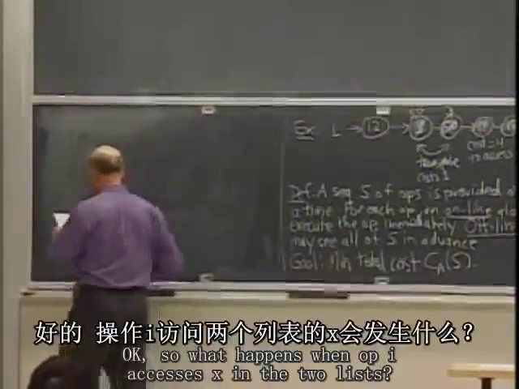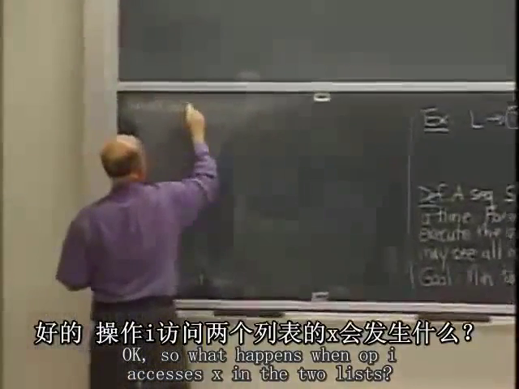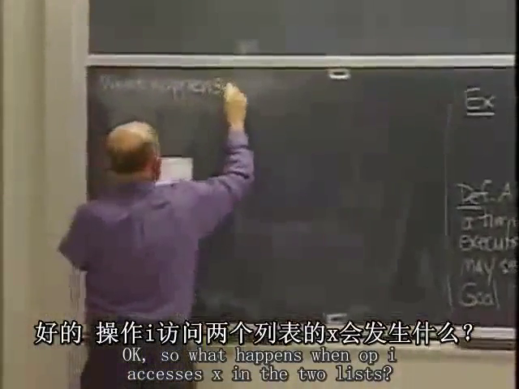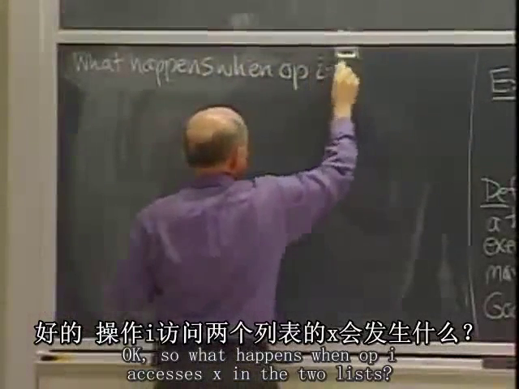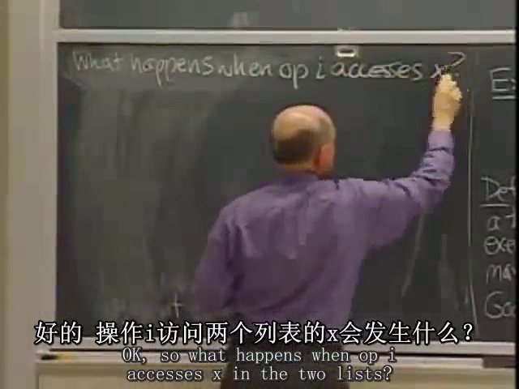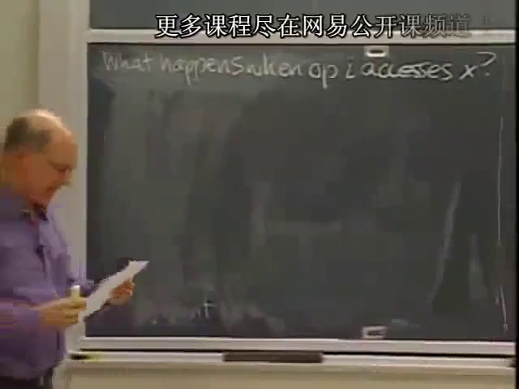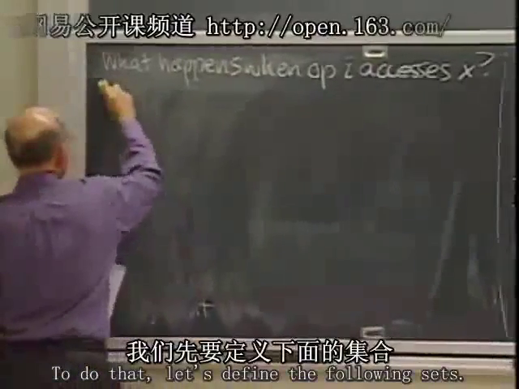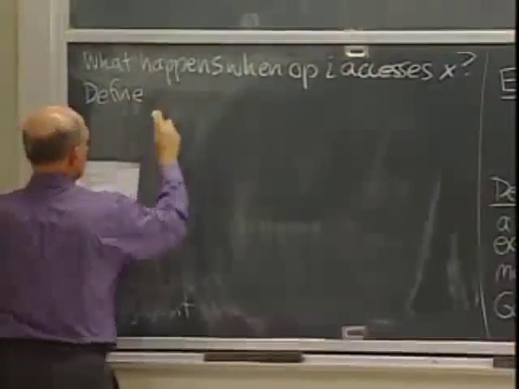Okay, so what happens when op_i accesses x in the two lists? What's going to be going on? So to do that, let's define the following sets.